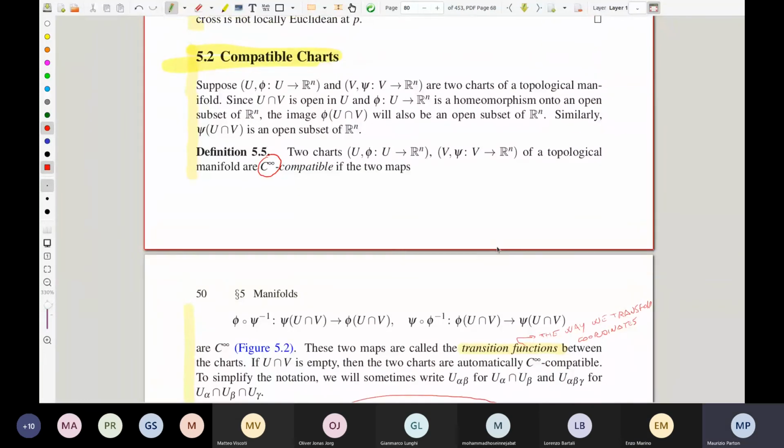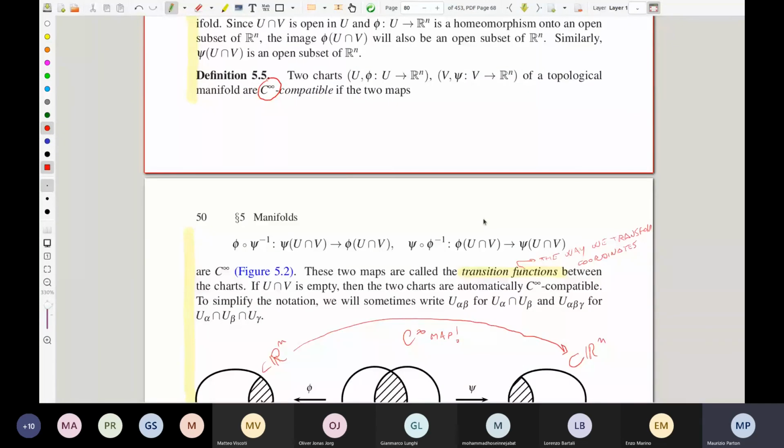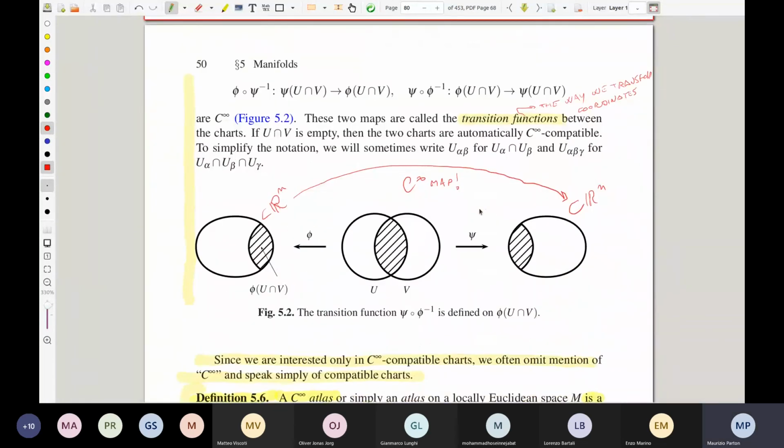So now, very, very important. We want to introduce the notion of differentiable manifold. So in some sense, we should put inside the definition of topological manifold the differentiability, okay? And we already know that our manifold is locally like Rn.